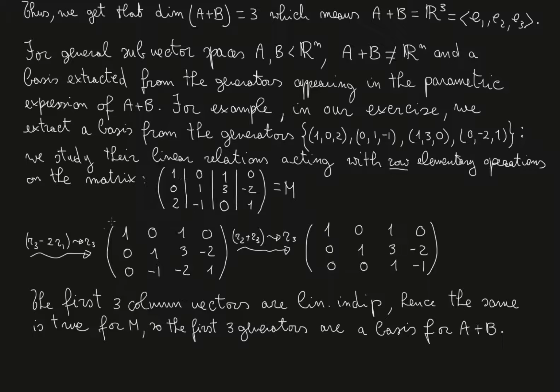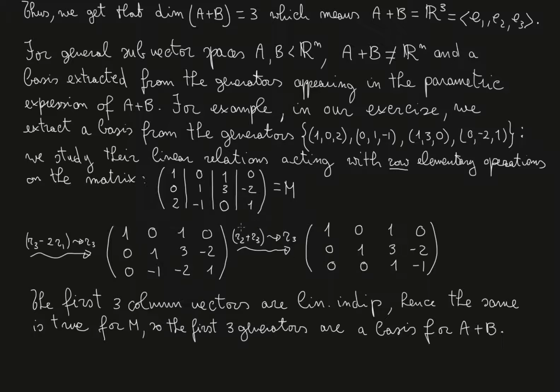Now the first row elementary operation is described here, and we will be getting this matrix. So we just killed the 2 here using the 1 up in the first row, and then to reduce further in echelon form this matrix, we have to kill this -1 here in the third row, and we will be using the second row this time.